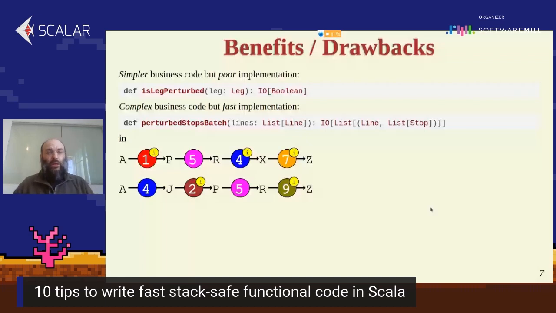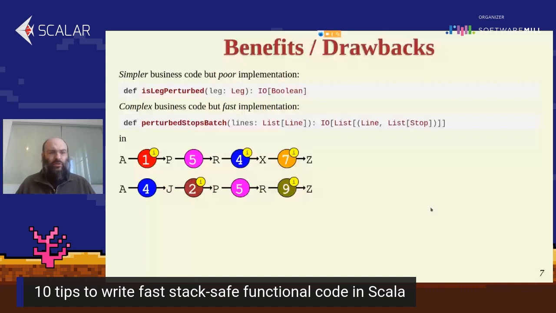On the opposite side, doing all the calls in one batch call to the API is very fast regarding the implementation. But then we move all the complexity of handling all this batching into the business code. Obviously, that's something we didn't want.